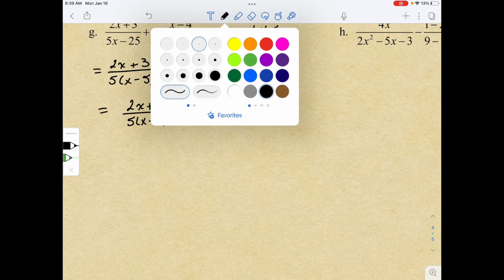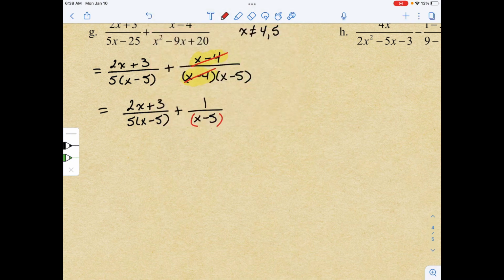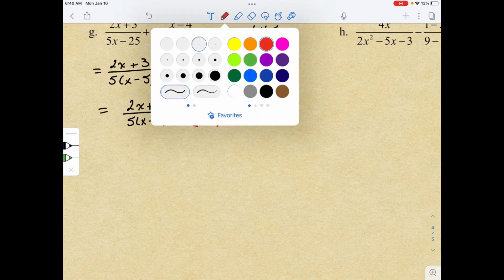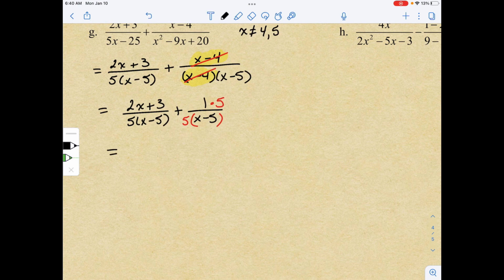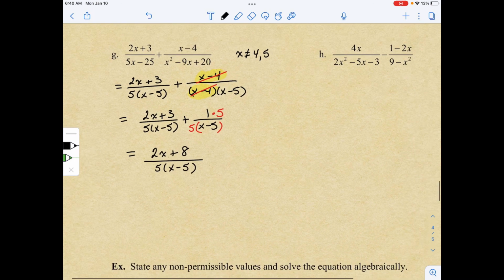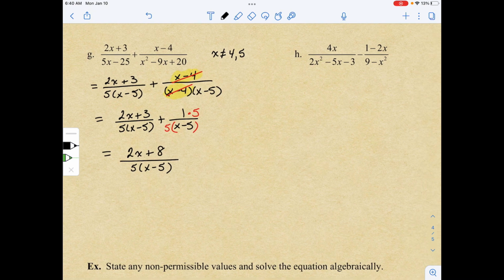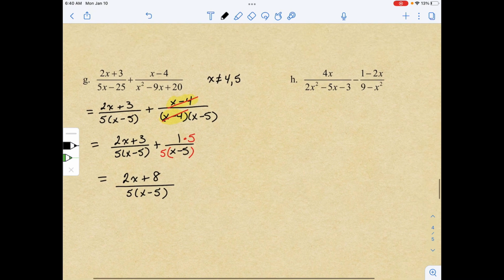So now what we're missing on our right hand side is this 5, and I need to multiply the numerator by 5 as well. So our numerator is now going to be 2x plus 8 all over 5x minus 5.